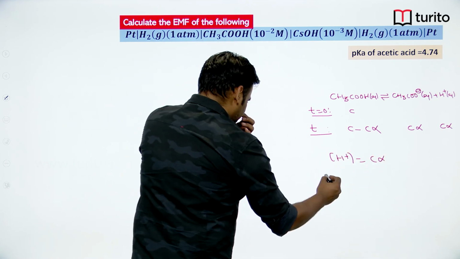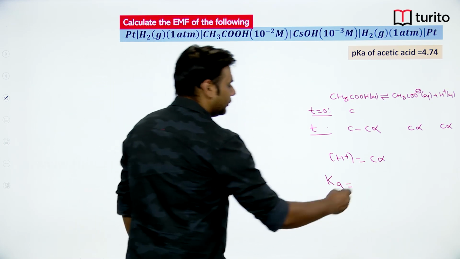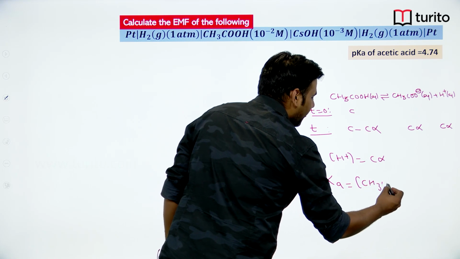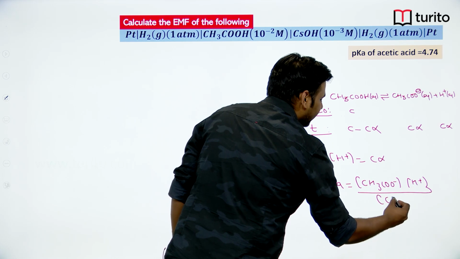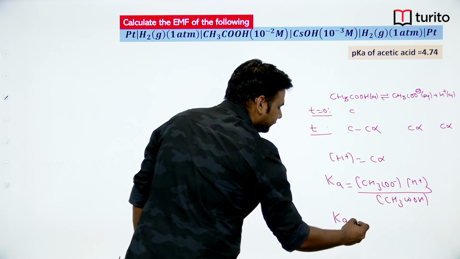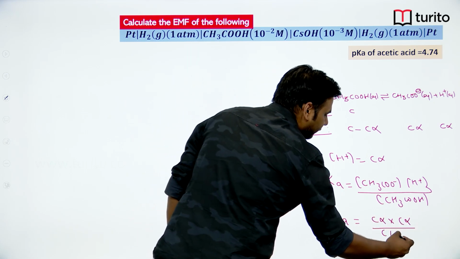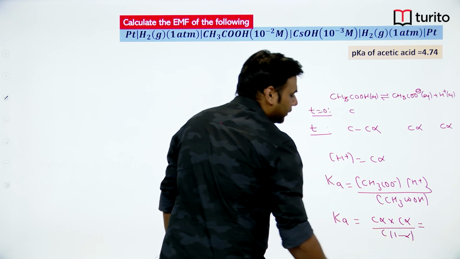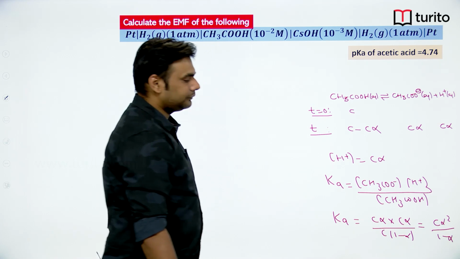Now we also know that acids have an acid dissociation constant Ka. This will be equal to concentration of acetate ion into H plus ion divided by acetic acid. So we can write this as C alpha into C alpha upon C into 1 minus alpha. If you cancel out C, we'll be left with C alpha square upon 1 minus alpha.